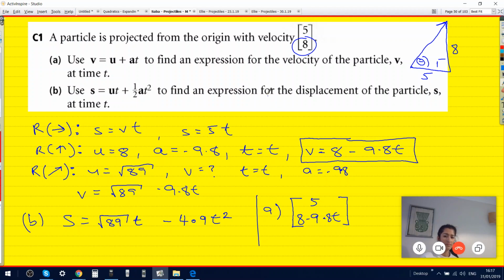When it's given to you as a vector, you can treat the two separately, so you don't have to do Pythagoras.